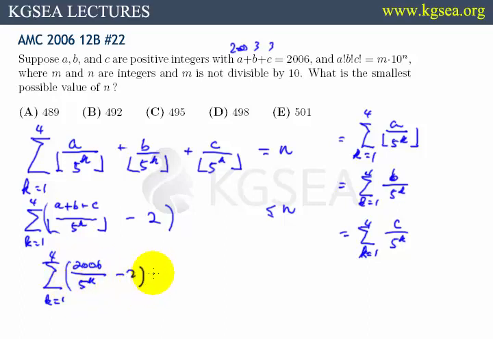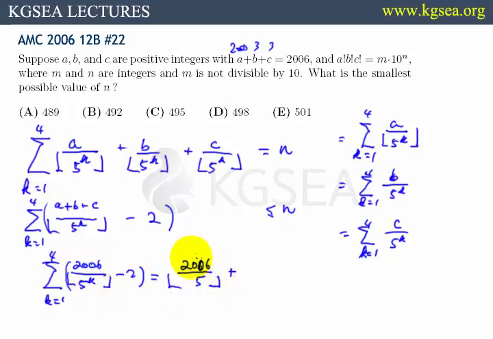Okay, now we got 4 terms here, and now we got to do the computation. So, shall we? We got to plug in 1. What do we get? 2006 divided by 5, take the integer part only.